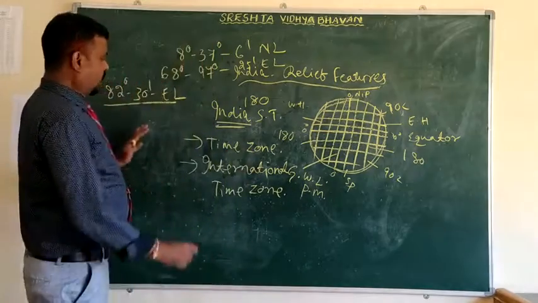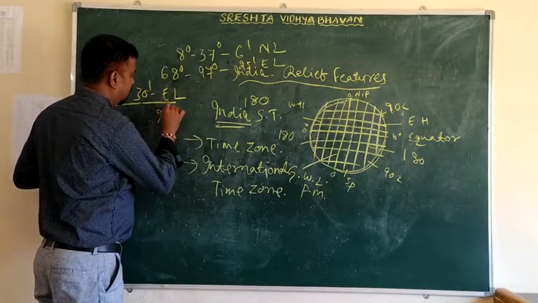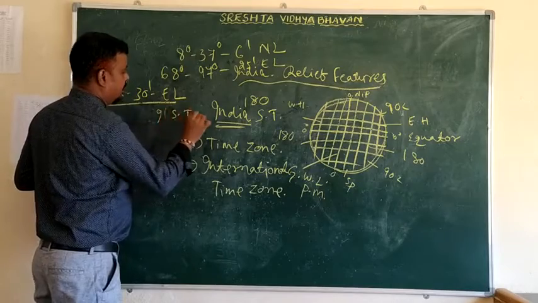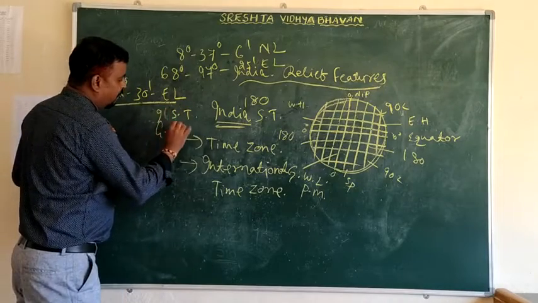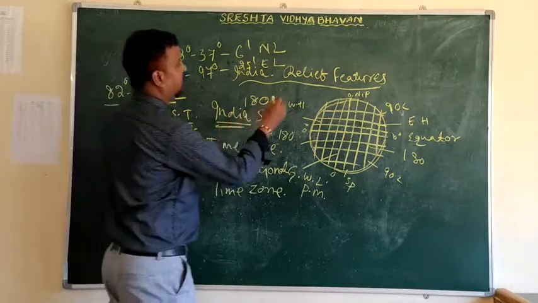The time difference between Indian Standard Time and Greenwich Mean Time is 5.5 hours.